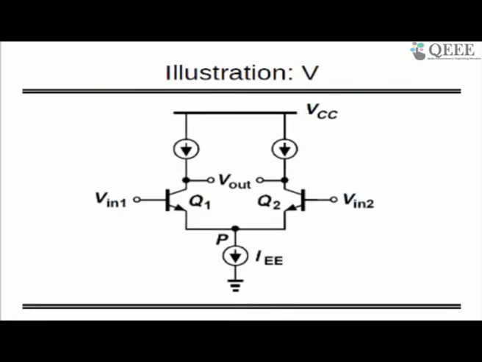Now, other than that, let's say we have one more circuit. I request all of you to please try to solve this question also in your notebook. This is the circuit which has a current source as a load.